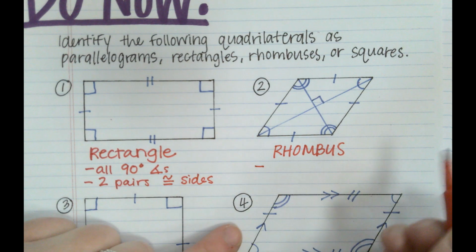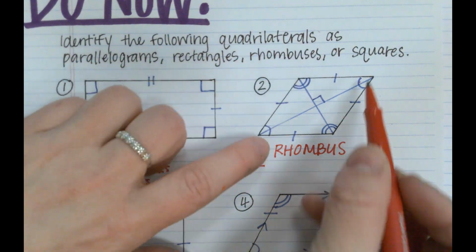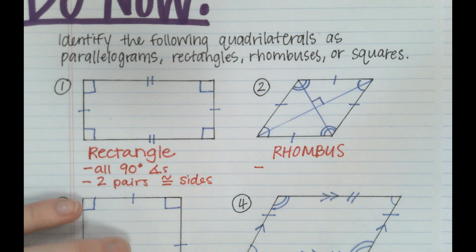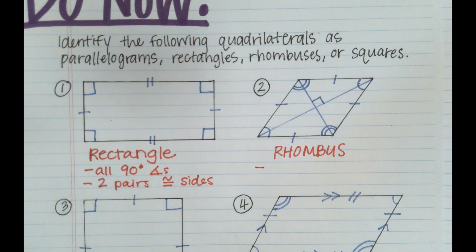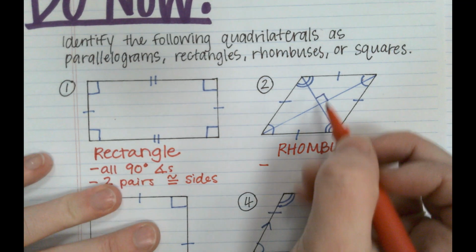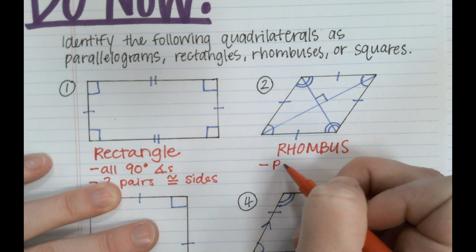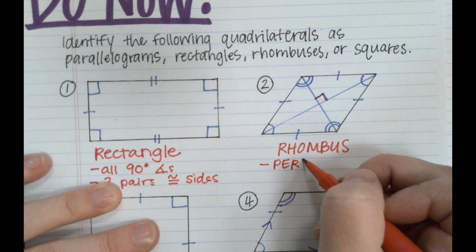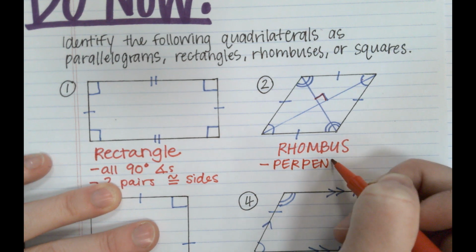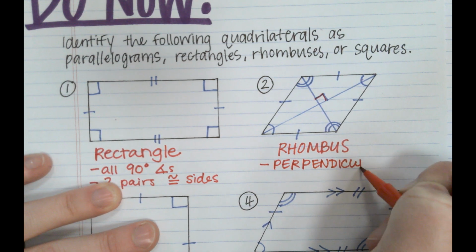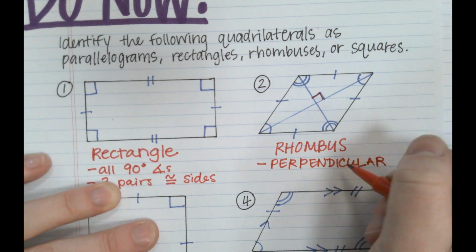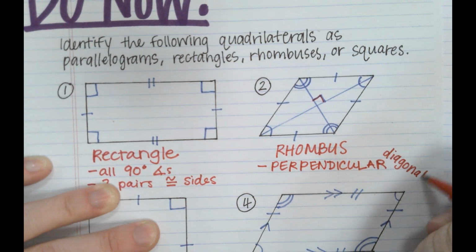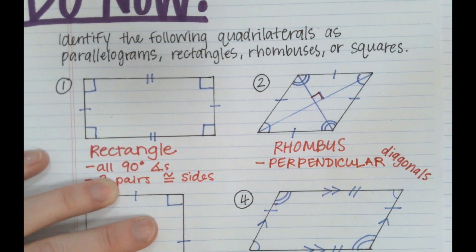So we've got those two opposite angle sets that are congruent, and that's going to go for all parallelograms. They all have those opposite angles that are congruent. We have what we call perpendicular diagonals. That means it makes that 90-degree angle. Perpendicular diagonals.